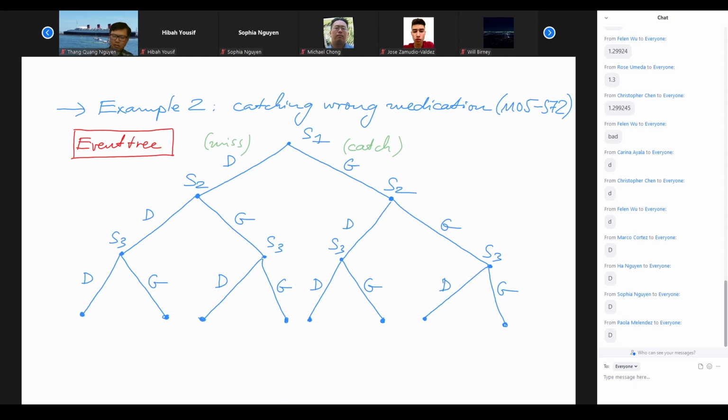So the overall outcome here is we have a D, defective. And that's bad because the patient will go home with the wrong medication. If something happens, then the hospital will have to pay millions of dollars in compensation, right? And think about it, as a manager of a hospital, you don't want this outcome to happen at all.